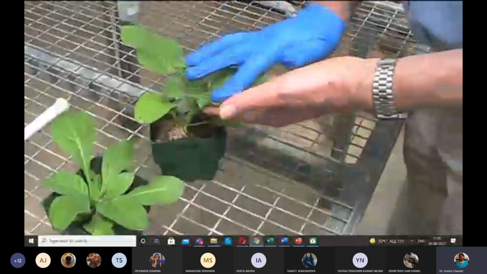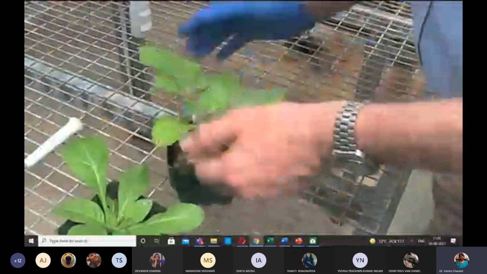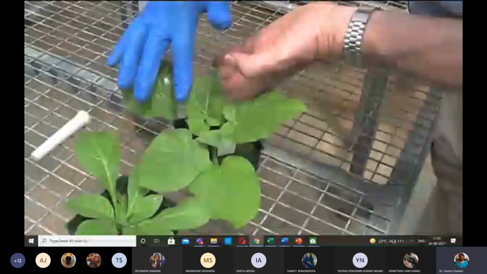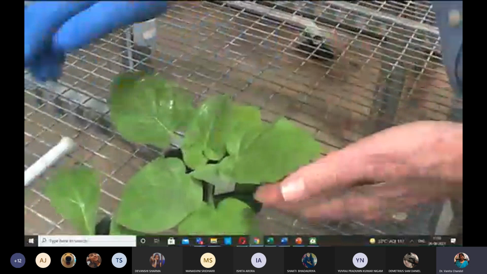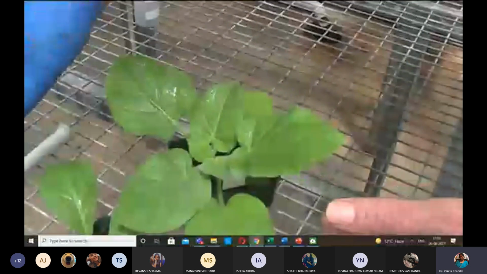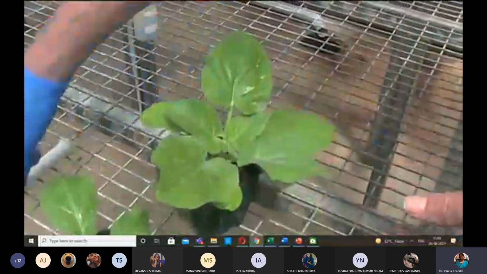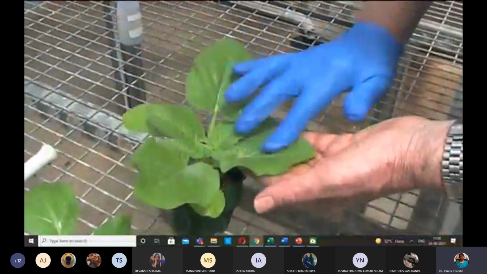We apply inoculum to whichever plants we want to inoculate. So what we have is just a light coating of liquid inoculum on the leaf, and that rapidly dries off. But after the inoculum has been applied, the virus enters a number of cells and uncoats and starts the replication cycle.